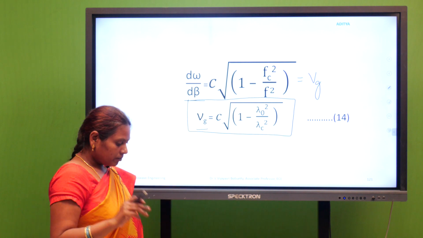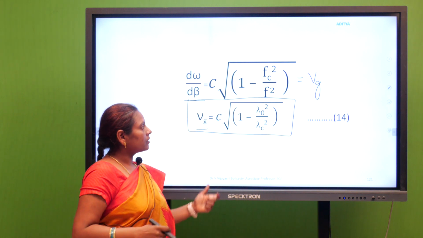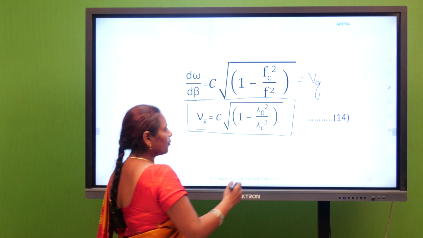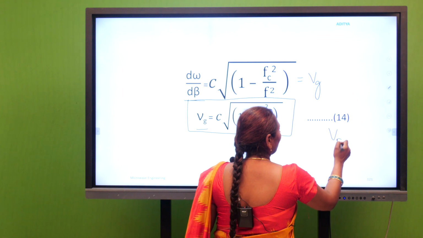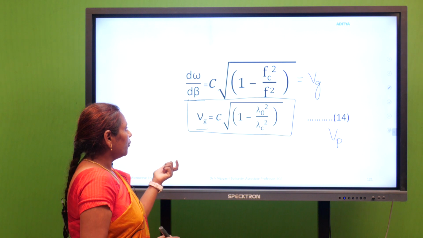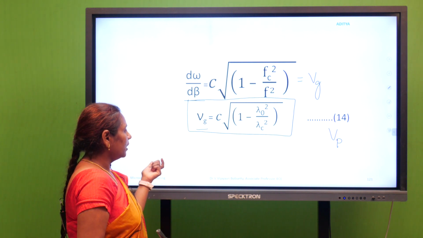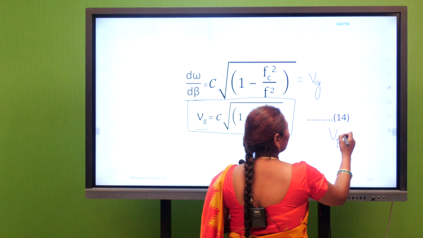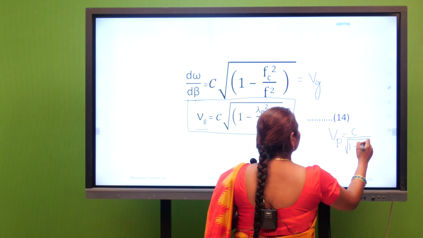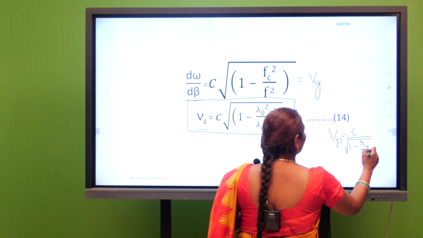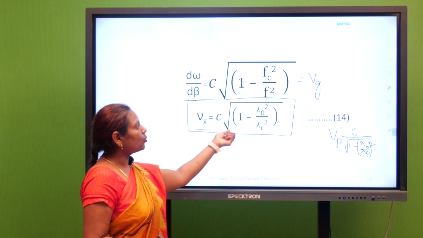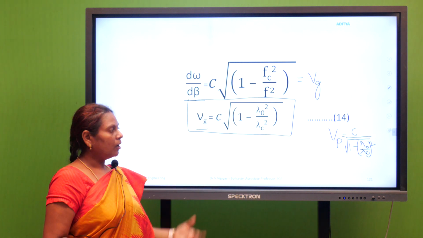In the previous session we defined the phase velocity Vp, and now we have obtained the group velocity Vg. The phase velocity we obtained as c by root 1 minus lambda naught by lambda c whole square, and the group velocity is c into root 1 minus lambda naught by lambda c whole square.